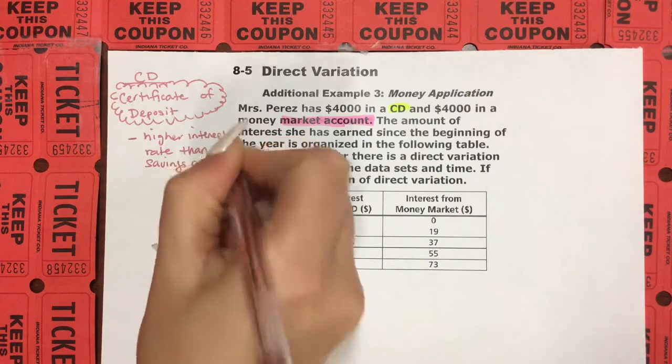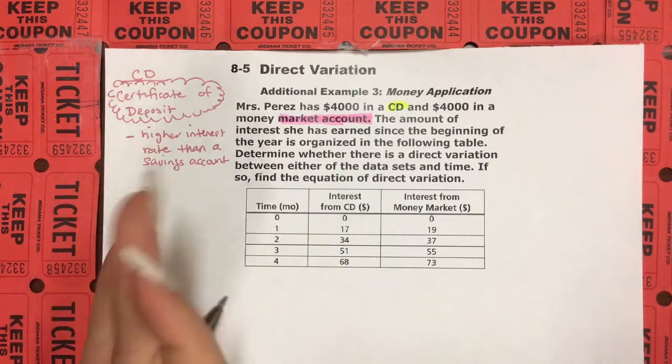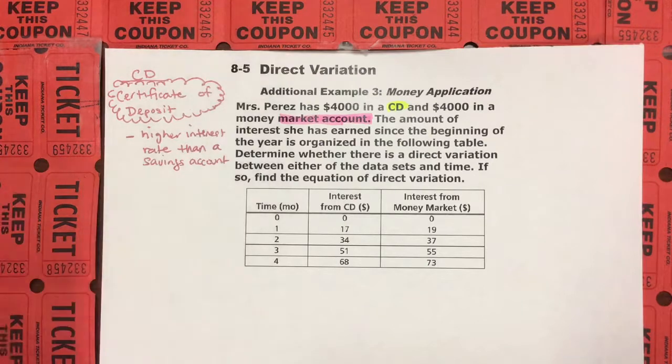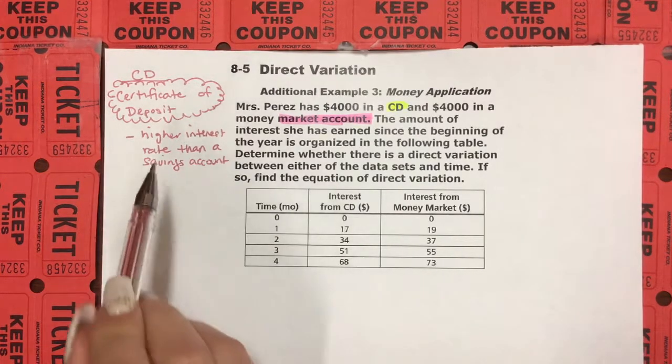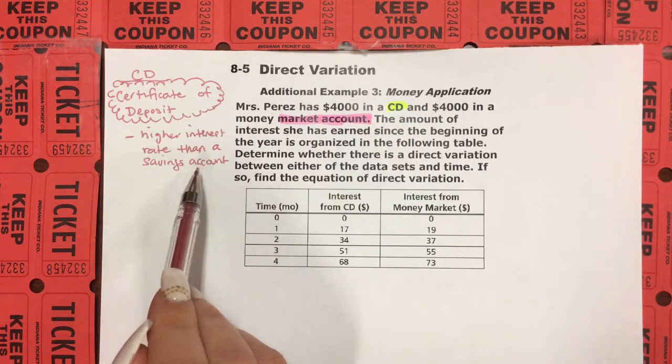Okay, that's awesome. So if I have, let's say, $5,000 and I want to put that in a CD, that's way better, having a higher interest rate. I can earn more money on my money than if I just go into a regular savings account, where the interest you're gaining isn't going to be as much. So that's really, really cool. You get a higher interest rate than a savings account.